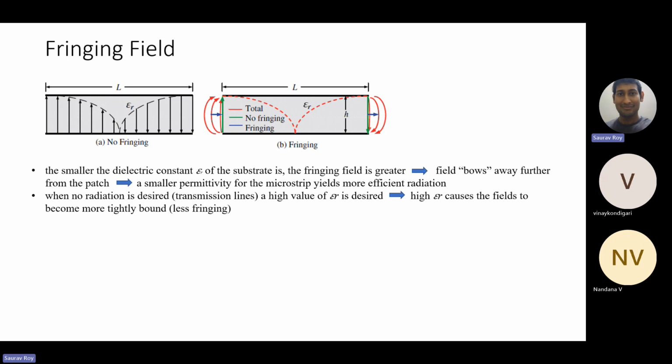That's why the greater the substrate height, the better the fringing and the better the radiation. So for a microstrip antenna, two conditions are favorable: one is a smaller dielectric constant, and the second is a larger substrate height. These are the two conditions.